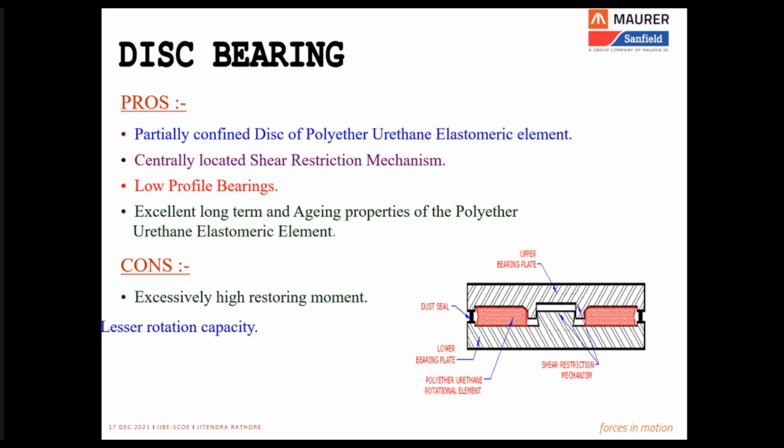And the good thing about these bearings is, in addition to satisfying the rotation requirements, they were able to transfer very heavy horizontal forces, which was a limitation with the elastomeric bearings.